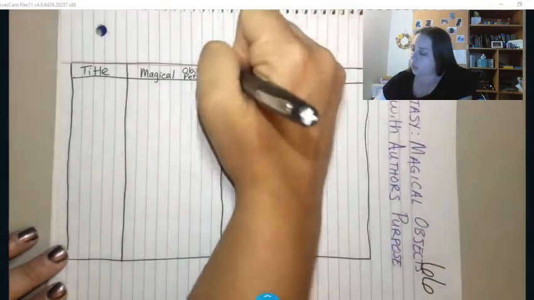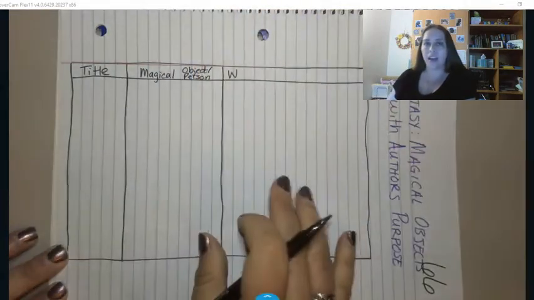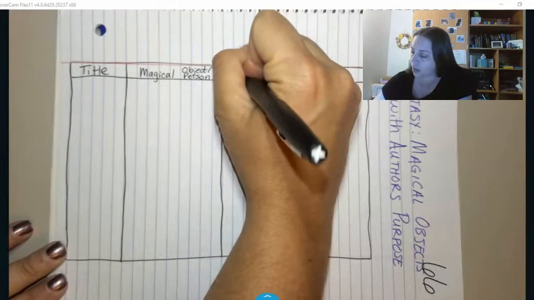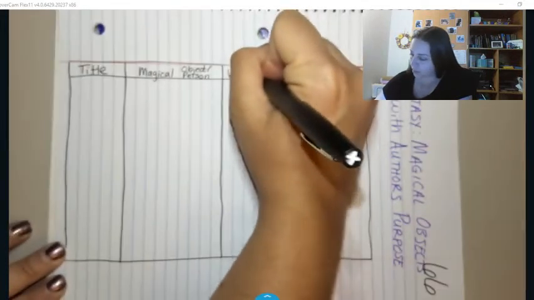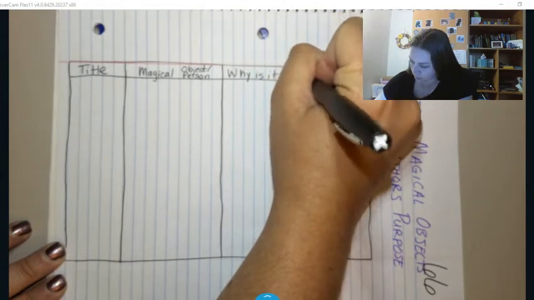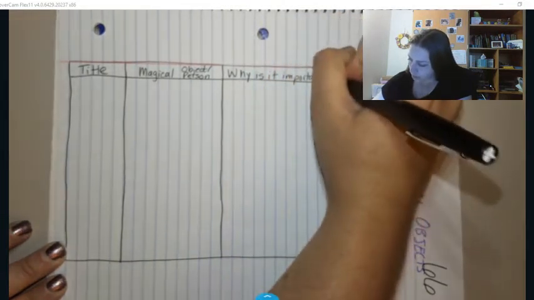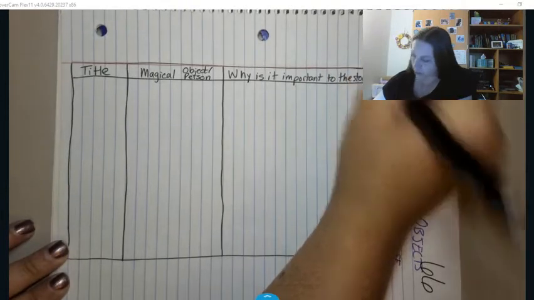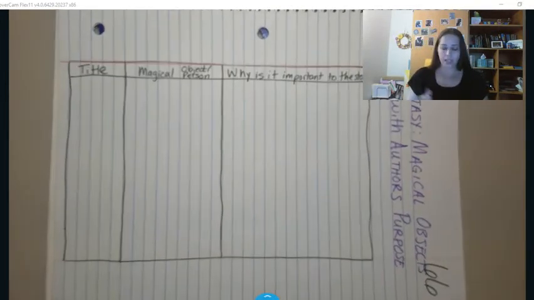And then the last column, we're going to leave that a little bit larger because we're going to have more to write there. We're going to say, why is it important to the story? Why is that important to the story?